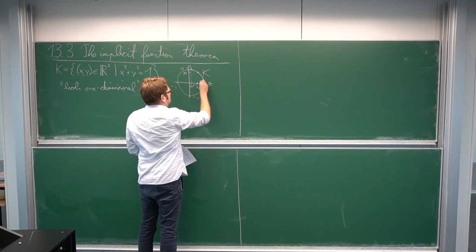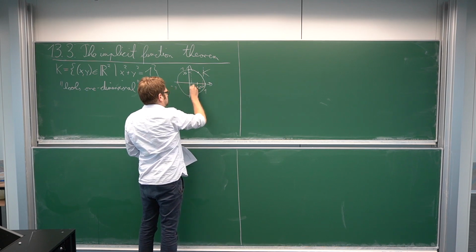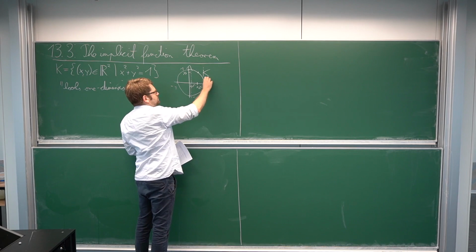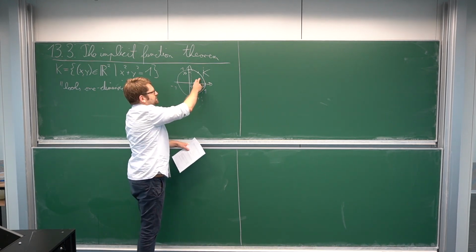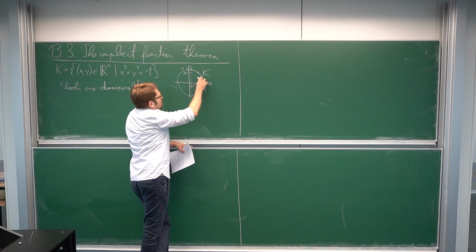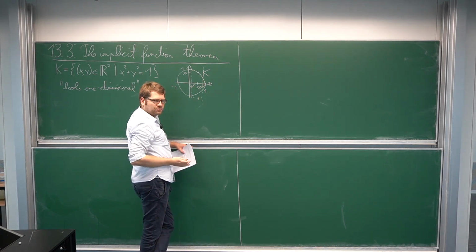If we only take a look at the part over here, this is in fact something one-dimensional because it's locally the graph of a map. For every point we have one y value. This is really what a graph is.